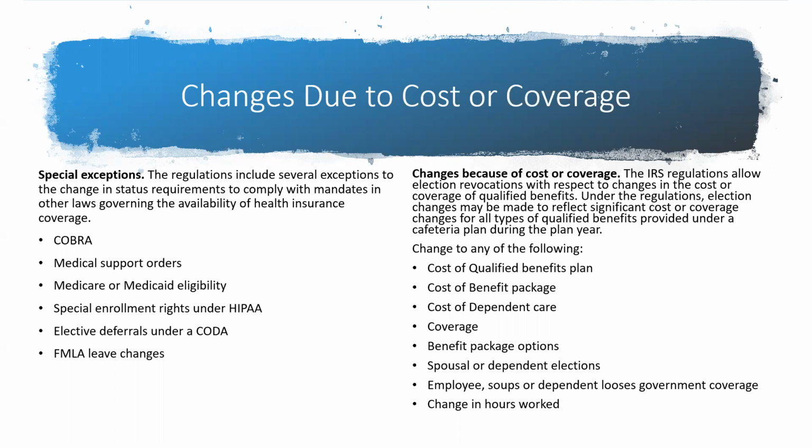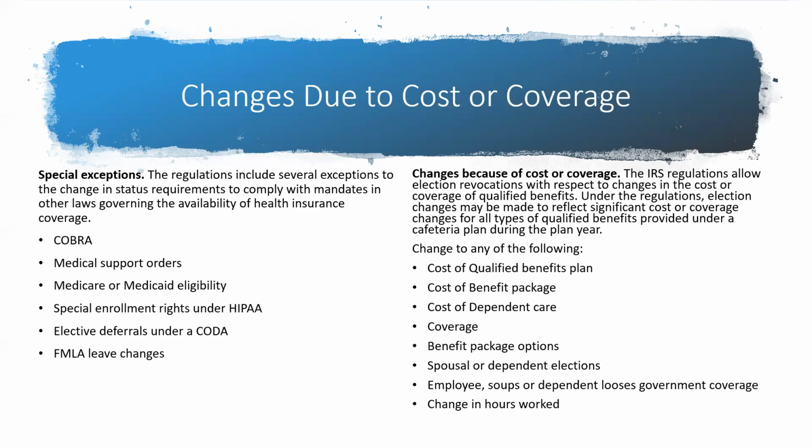Medicare or Medicaid eligibility. If an employee, spouse, or dependent who is covered under an employer's group plan becomes entitled to coverage under Medicare or Medicaid, the cafeteria plan may permit the employee to revoke coverage for that person. Special enrollment rights under HIPAA.